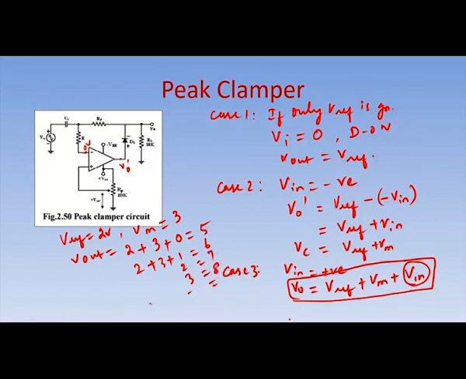For -1, 2 plus 3 minus 1, it is 4. Similarly, if it is -2, 1 is reduced from here, it is 3. If it is -3, it is 2. So, for all the values 0 to 3 and -1, -2, -3, you have calculated the output of the circuit.